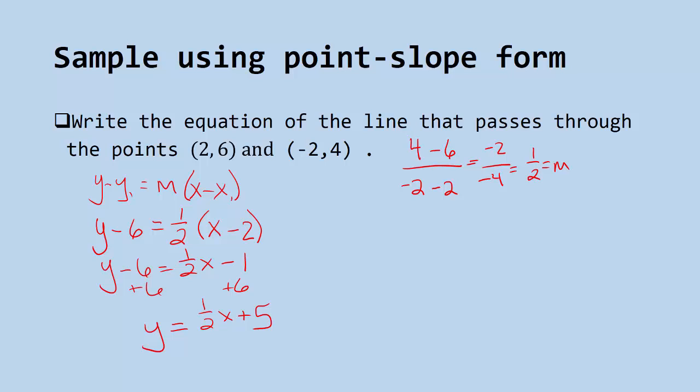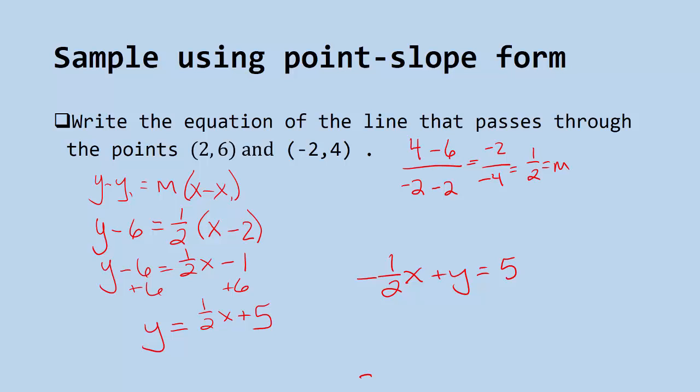And in this example, I'll go ahead and show you a way that you can write it in standard form. I would simply move my 1/2 x to the left, so I could have -1/2 x plus y equals 5. And that would be in standard form because I have x and y on the same side.